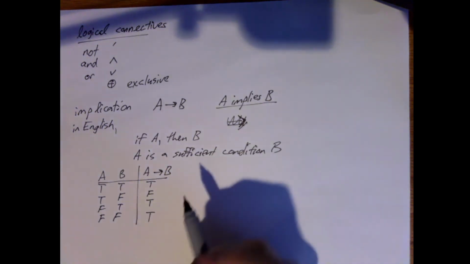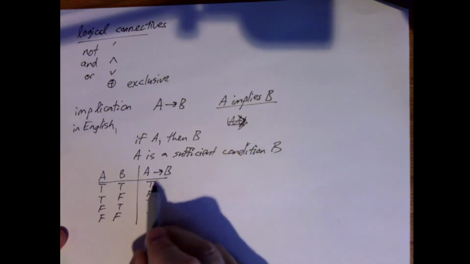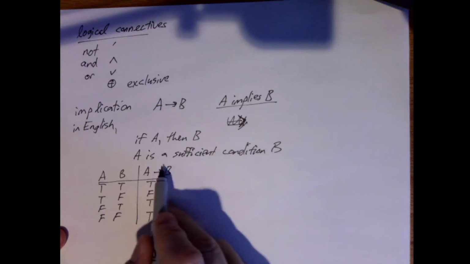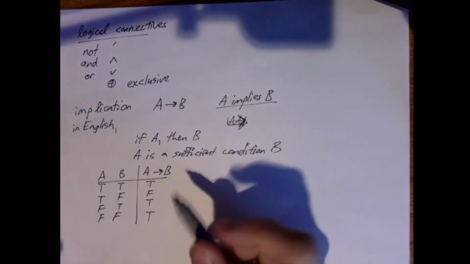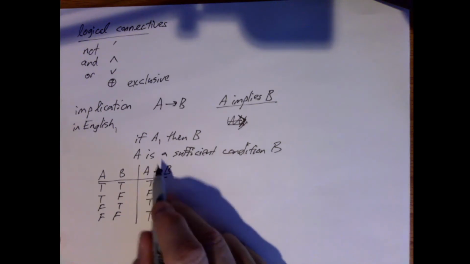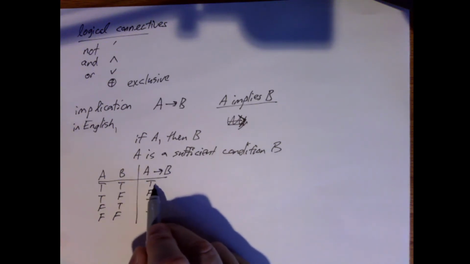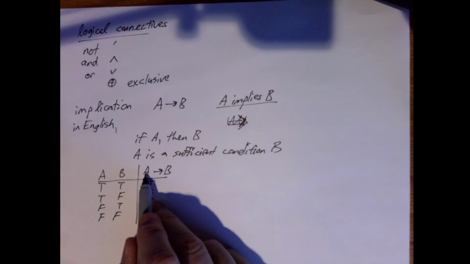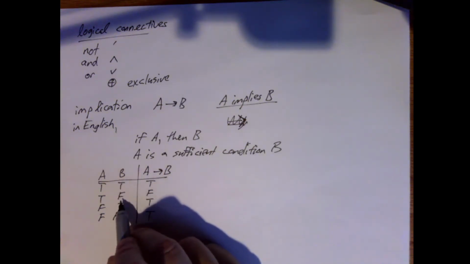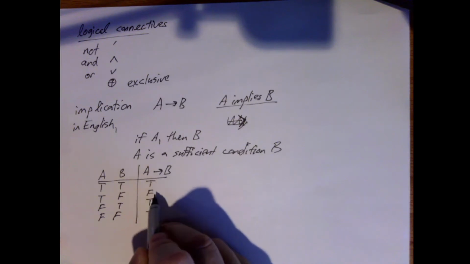Now let's look at what we have here. Of course, the values in this column represent the entire statement. So if A is true and B is true, then A implies B is true. If A is true and B is false, then the statement itself is false.